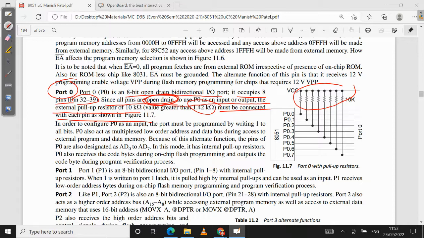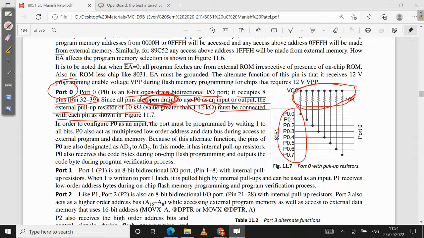Okay, these pins are all open drains. Therefore, to use them as an input and output, we have to connect the external pull-up register of 10K.